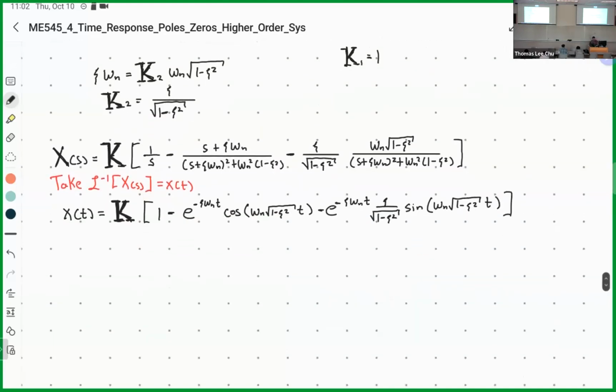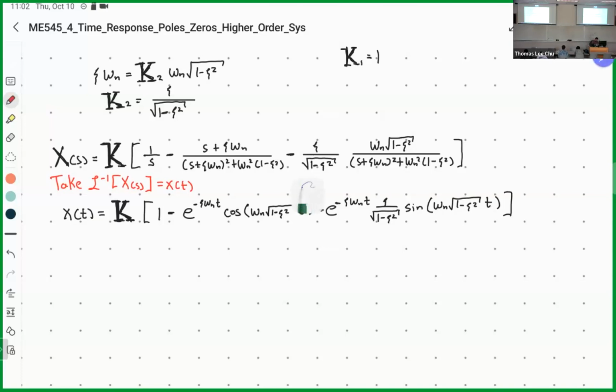That's the final expression. This is our generalized response for a second order system that is underdamped with a unit impulse.